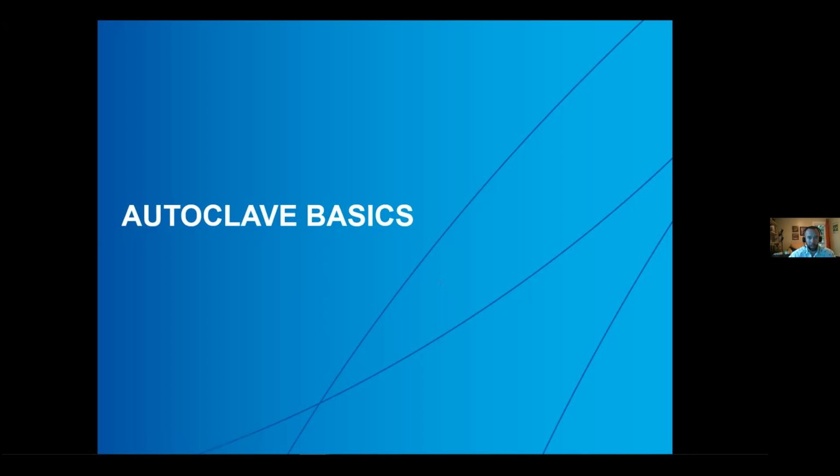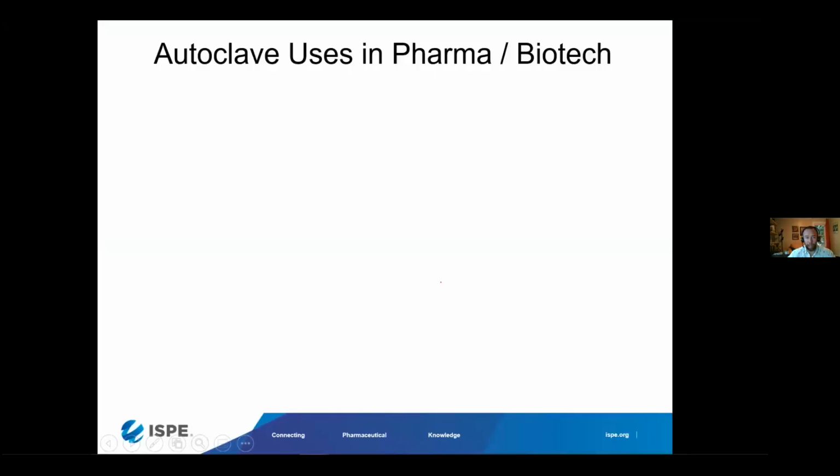We're still using a pressure chamber with saturated steam. The factors that have changed, I would say, are more around how we're controlling the cycle, how we're monitoring and confirming the sterilization cycle. But these autoclave basics really have not changed much.